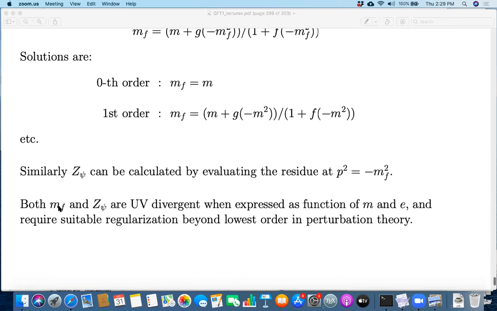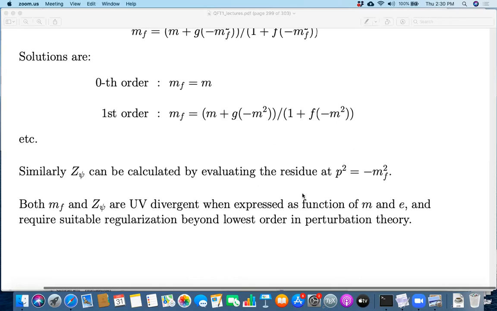And here, let me just add, which again I have already said in the context of scalar fields, that MF and Z psi are both UV divergent. When I say they are both UV divergent, I mean that when you express them as functions of M and E, once you go beyond the leading order, where of course MF is M and Z psi is 1, you can get formal expressions for them as functions of M and E, but they are ultraviolet divergent.